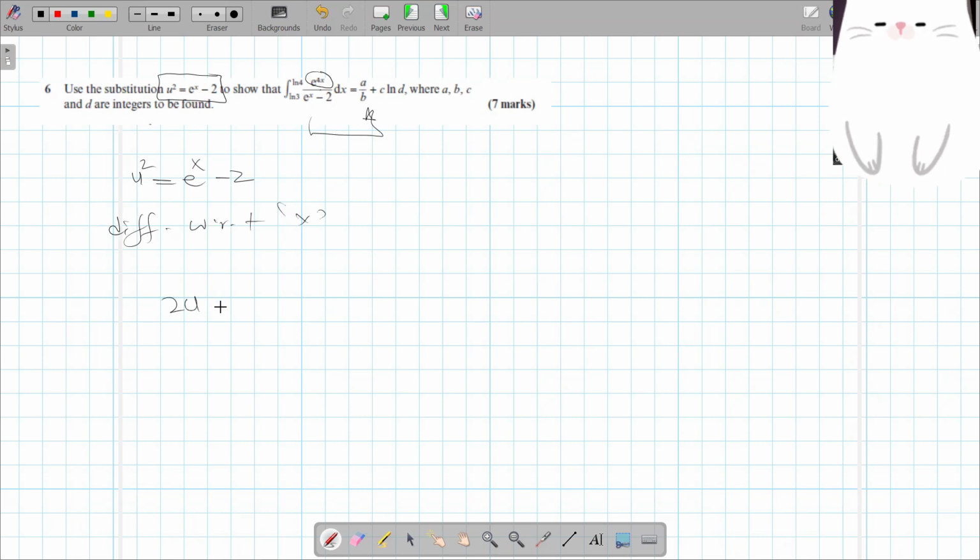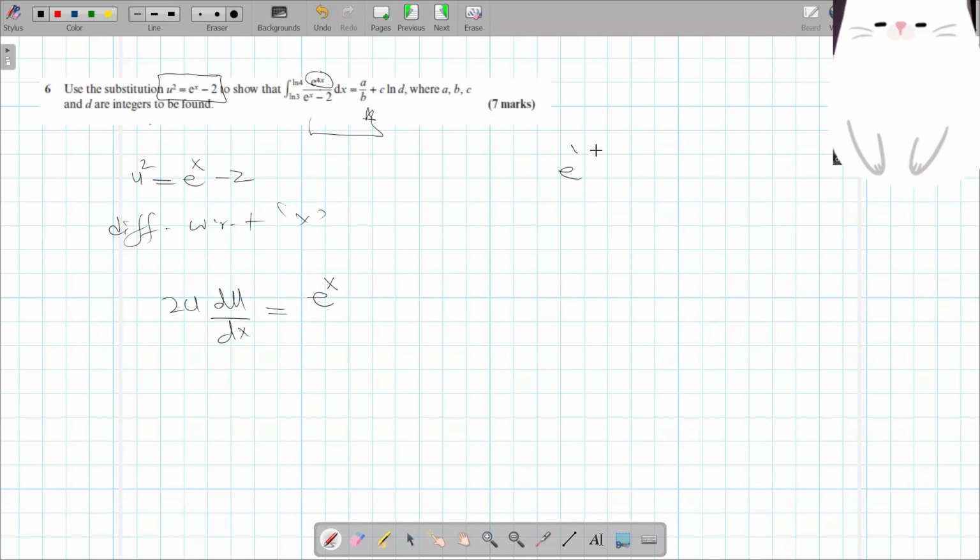So 2u du by dx will be equal to the derivative of e to the power x, which is e to the power x, and the minus 2 gives nothing. So what do we have here? e to the 4x.